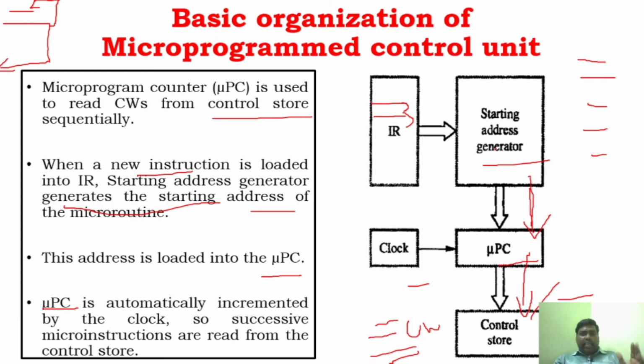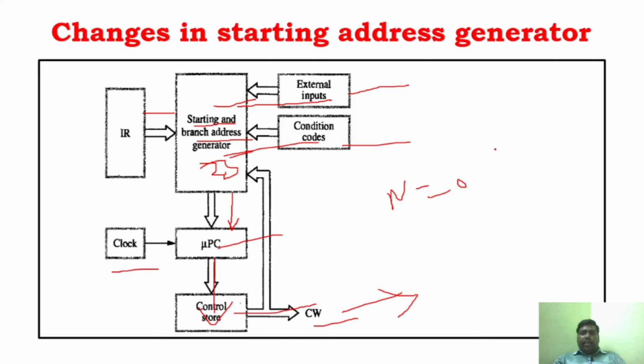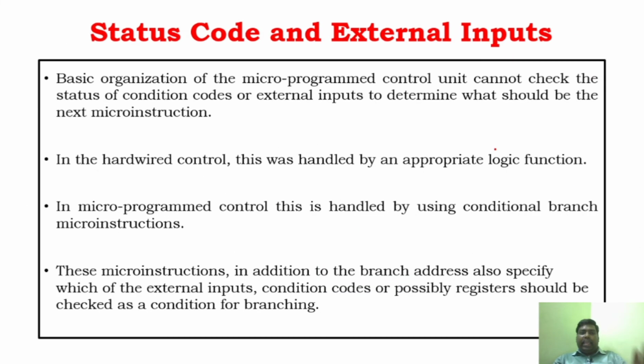We have explained what a basic microprogram control unit is, and we have seen how the changed microcontroller unit works. Whatever I said, those instructions are given as theory here. In the basic operation, you can see external inputs to determine the next microinstruction. In hardwired control there is a logic, but here we have to go for conditional branching microinstruction.